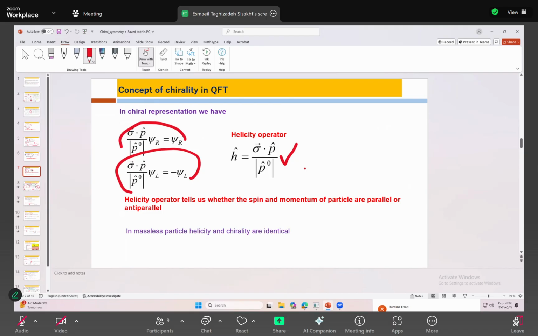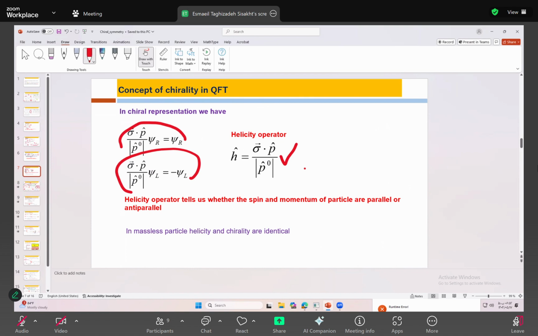So in the massless limit, the helicity and the chiral operator are the same or equivalent. So the chiral eigenstate is the helicity eigenstate. Yes, in the massless Dirac equation, in the massless limit.